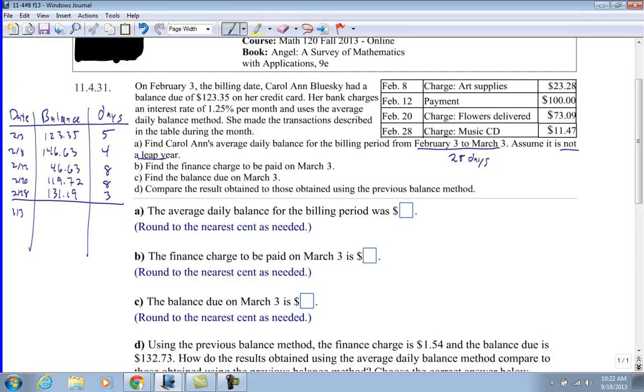Okay, so we want to find the average daily balance. It's going to be 123.35 times 5 plus 146.63 times 4 plus 46.63 times 8 plus 119.72 times 8 plus 131.19 times 3.